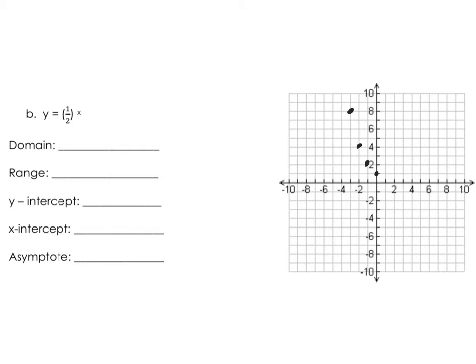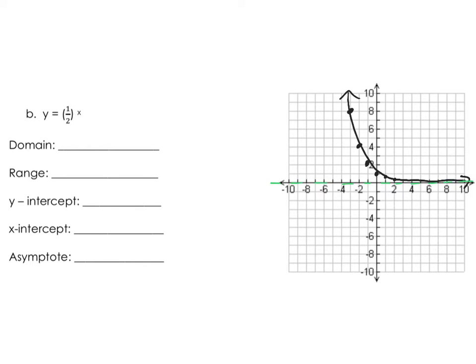So (1, 0.5), (2, 0.25). So it's getting very close to my x-axis again, but those decimals never actually touch 0. So it looks like we have an asymptote again on our x-axis.